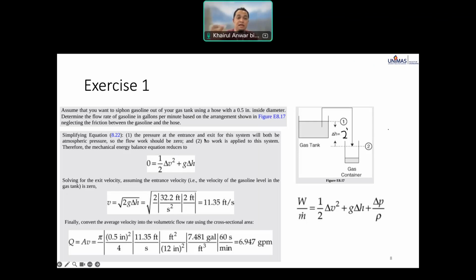The pressure at the entrance and exit for this system will both be atmospheric, so the flow work should be 0.